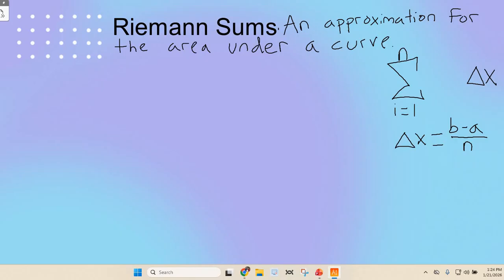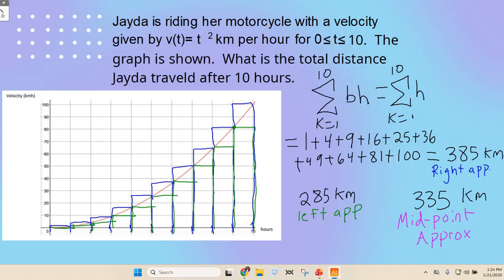How do we find our heights for each of our rectangles? Do you remember? So what did we use to find the height? Did we just pick some random height?